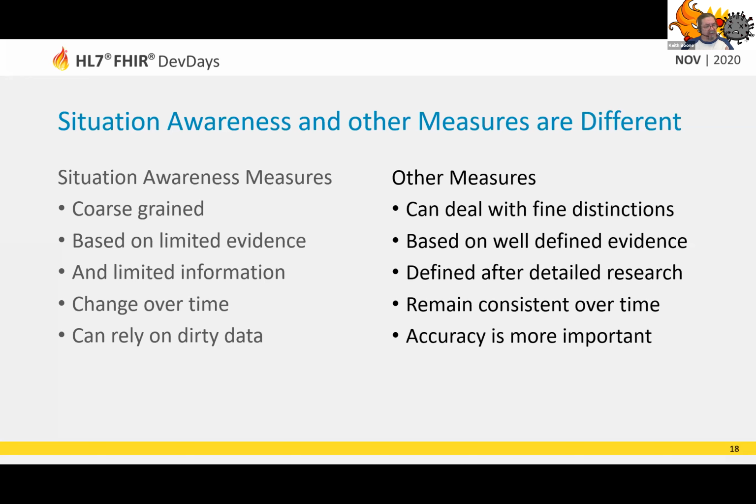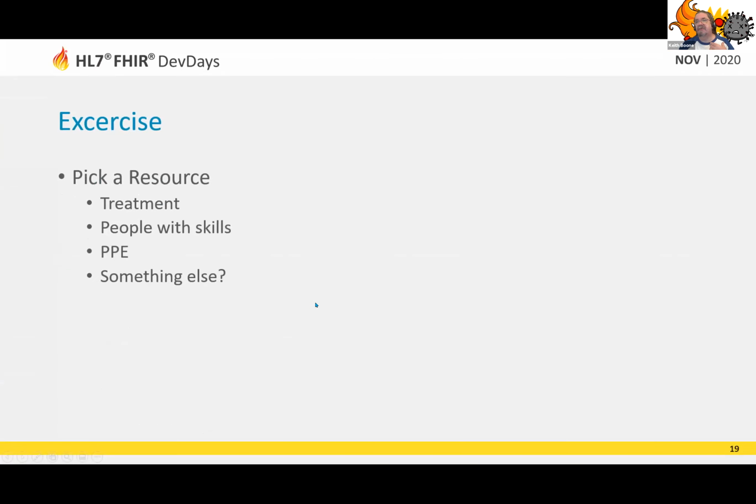But if you're talking about an emergency situation that's changing rapidly, you don't necessarily have all of those same opportunities. So as you're doing this, just think of this as an exercise that you can do for yourself.